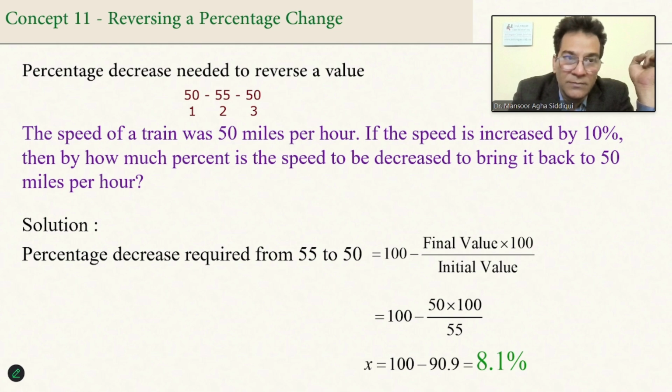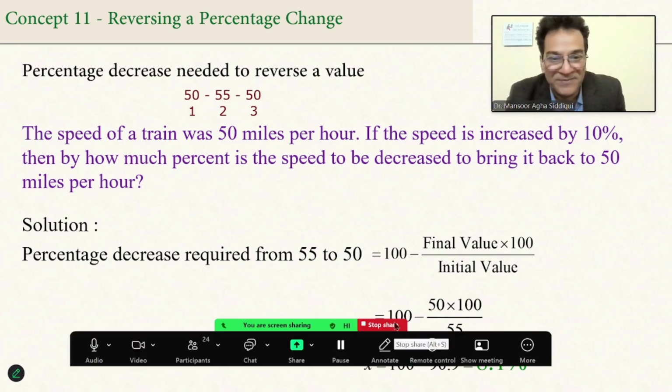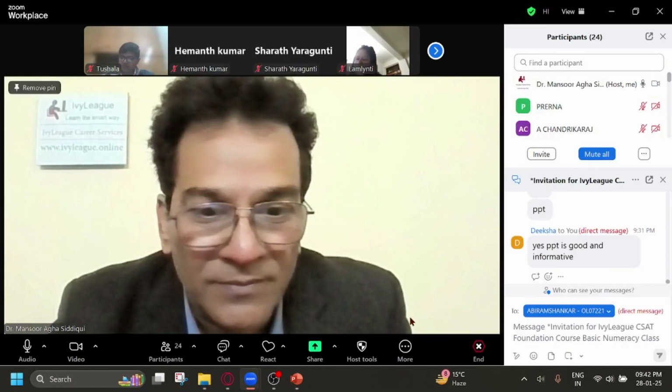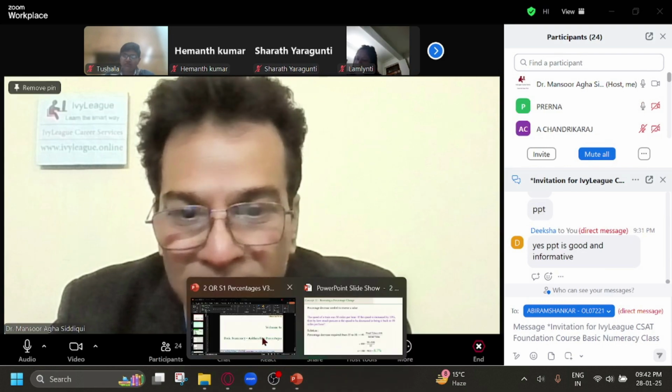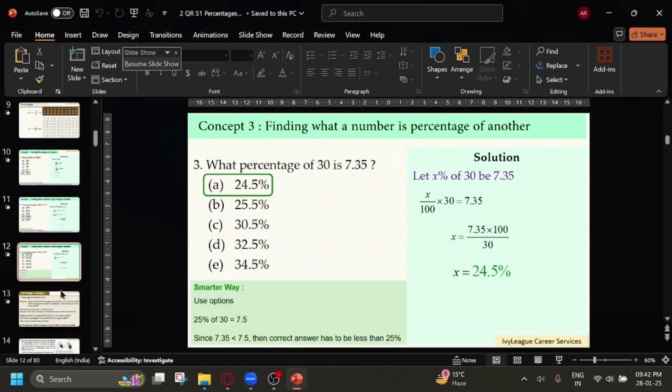Sir, excuse me, I may be wrong, but wouldn't it be 9.1 rather than 8.1? You are perfectly right. It would be 9.1. Somebody's made a calculation mistake here. I'll correct it.